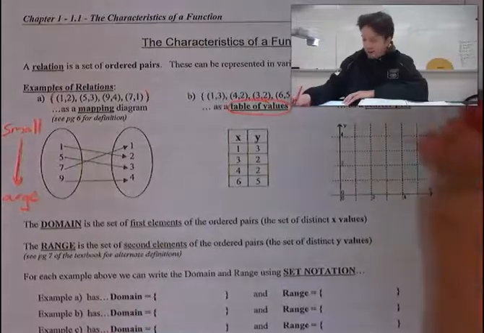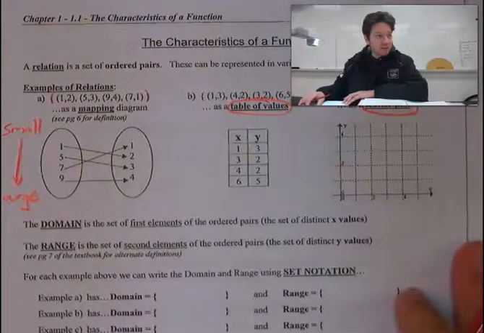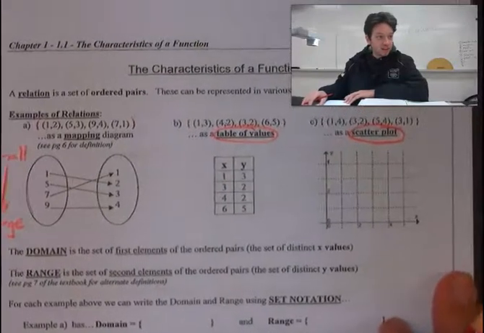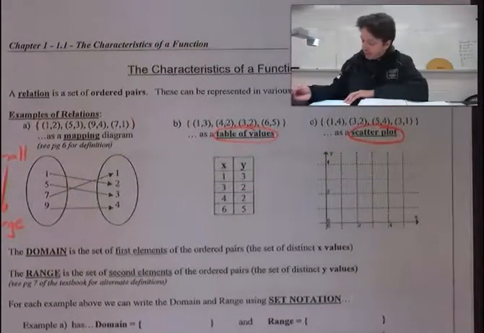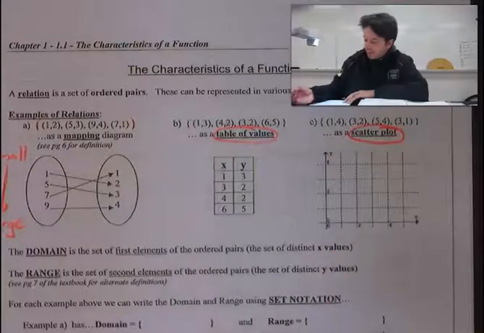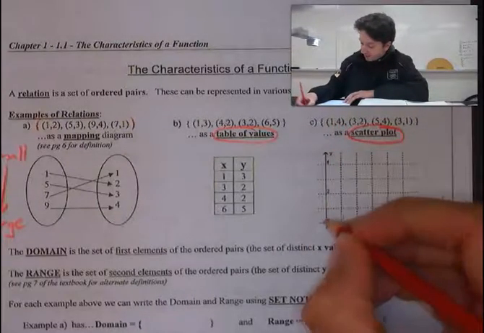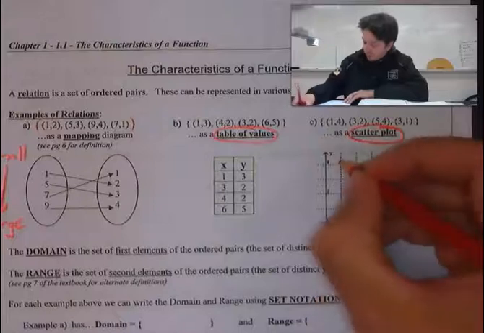And lastly you have a scatter plot. For a scatter plot, we probably are used to this or have seen it at least. We have our x-axis and our y-axis, and we just plot our pairs, our points. So 1 and 4 would be here. 1 is x, 4 is y.